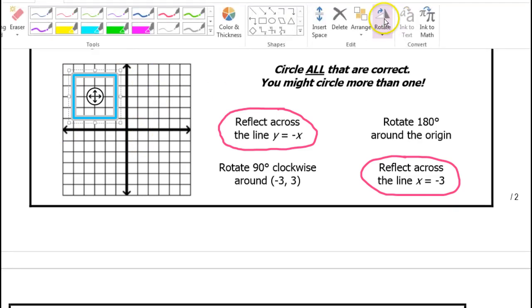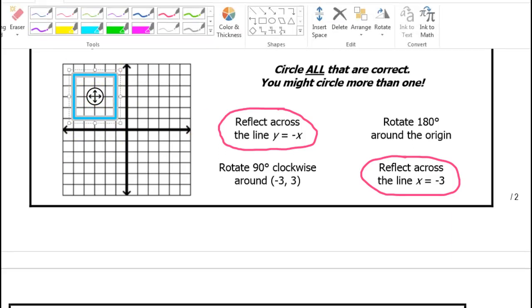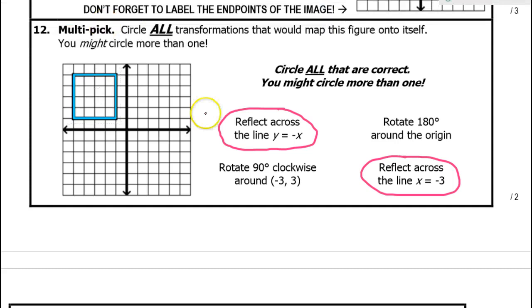Look, I can do that rotation right now for you. If I rotate this 90 degrees clockwise, and that's to the right, bam, I just did it. You could probably not tell that I just did it because it still looks the same. Rotating this 90 degrees doesn't change anything. So that will map the figure onto itself.